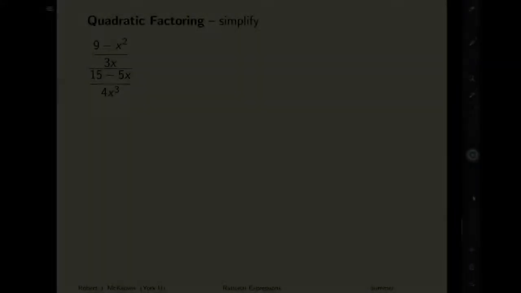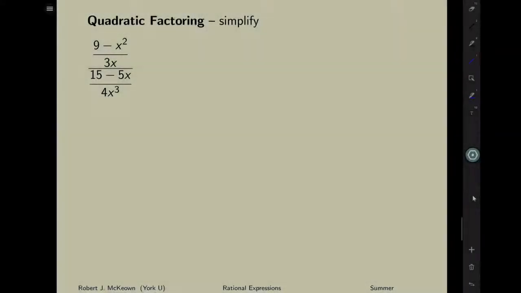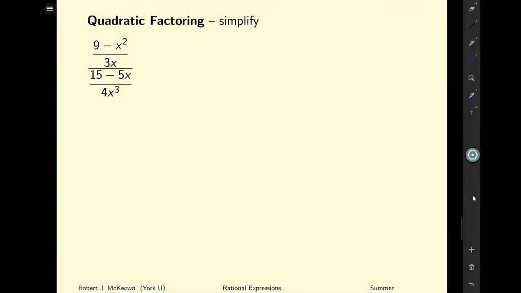We're asked to simplify the following expression. One thing that makes this expression easier to simplify is that in the numerator, the denominator is already in its lowest common denominator form. That's the 3x right here. And similarly in the denominator, it's already in its lowest common denominator form.